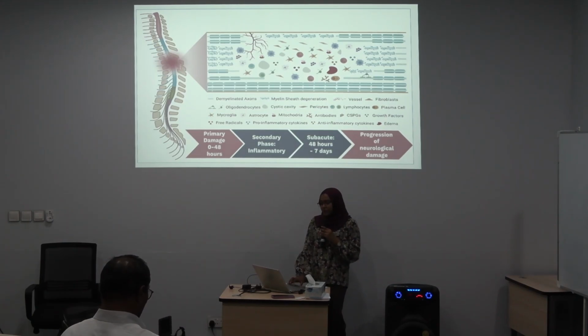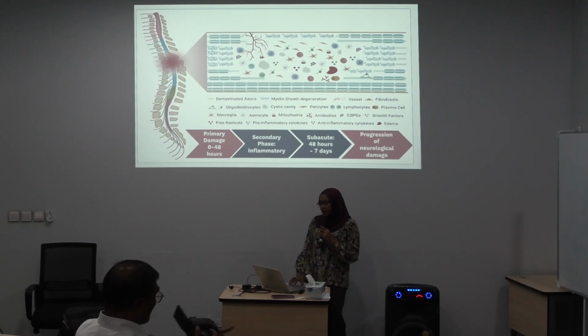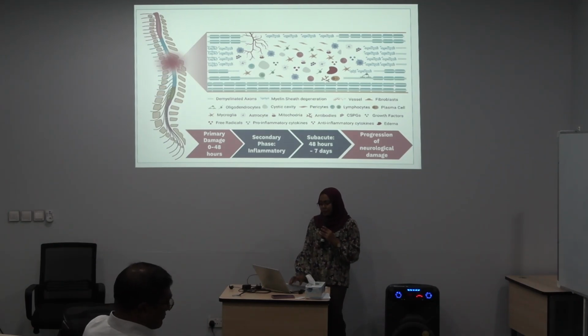During the continuation of this phase, there will be neuronal and glial cell death with formation of a cystic cavity, which will inhibit regeneration and prevent repair. All of this process will lead to progression of neurological damage.